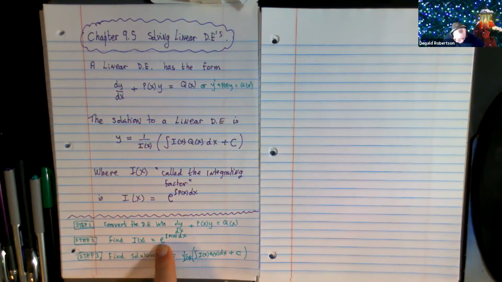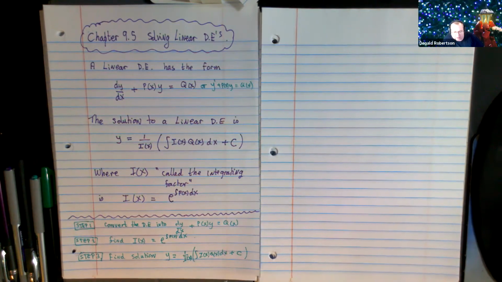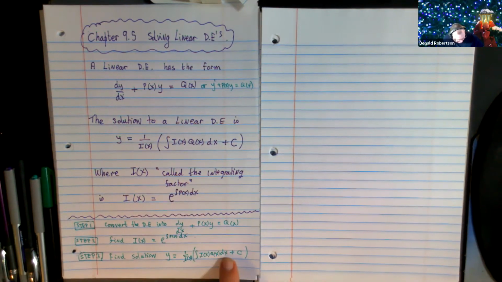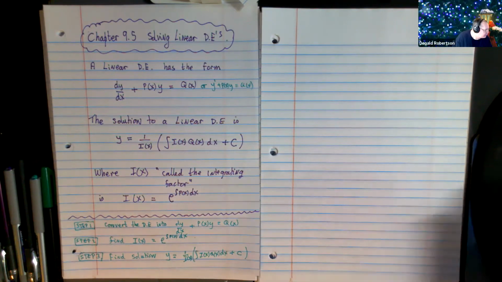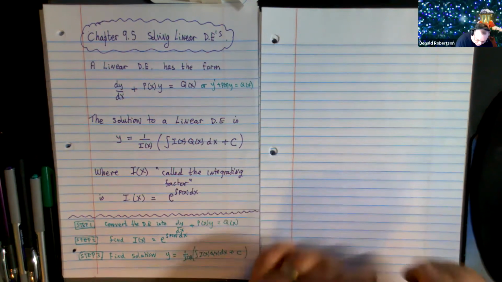The next thing you do is you find the integrating factor, which is this fella. And the last part is you put all the pieces into this formula and you integrate. So you are going to do some integration to find I of x. And then later on, you're going to integrate this guy.